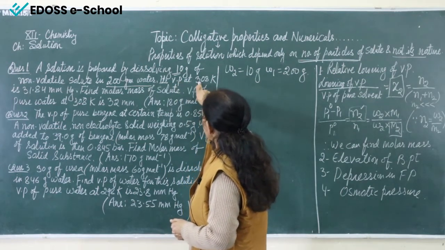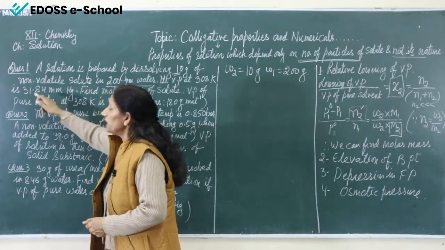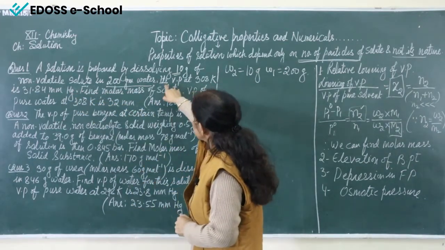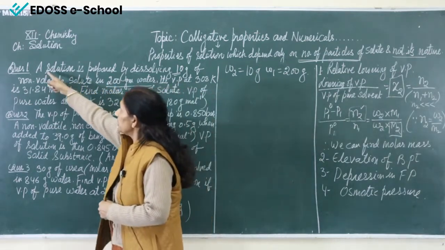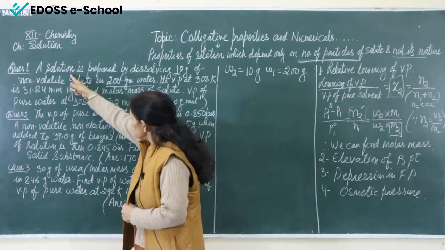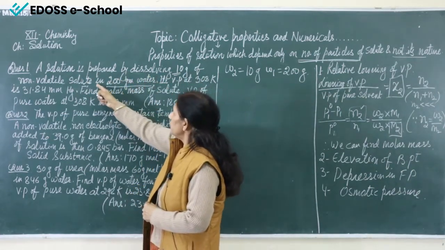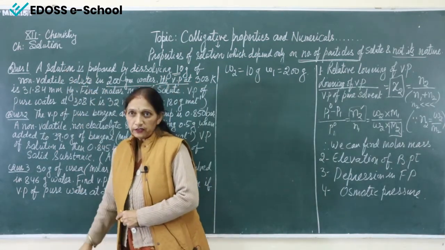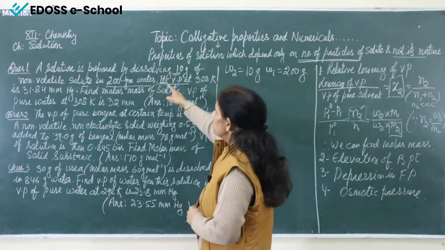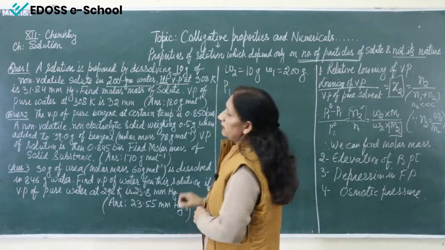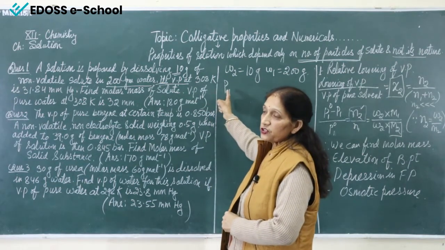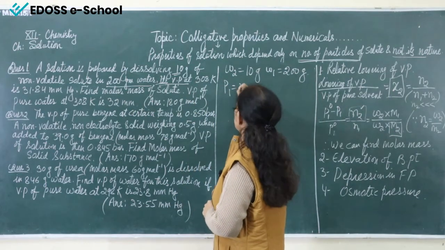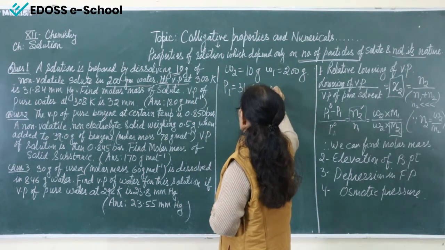Its vapor pressure at 308 Kelvin is 31.84 mm of mercury. Now they are talking about the solution, so its vapor pressure means this is P1, because this is not pure solvent. So P1 is given to you, 31.84 mm of mercury.